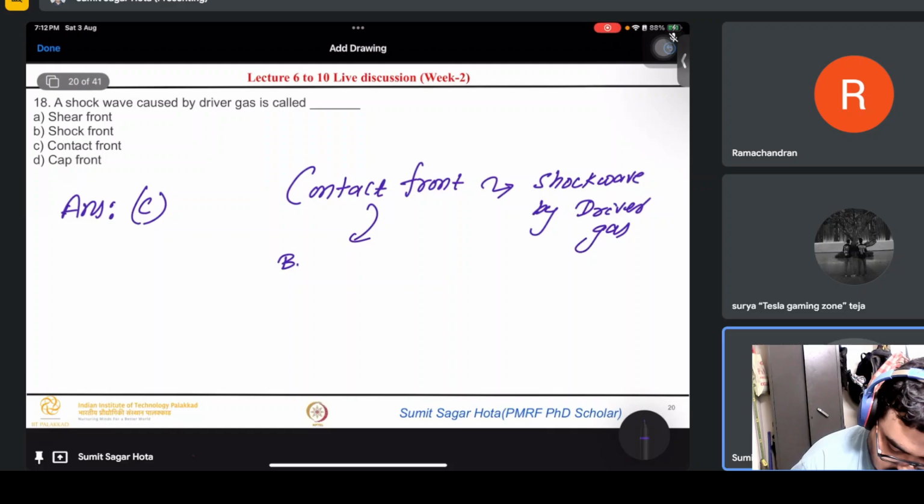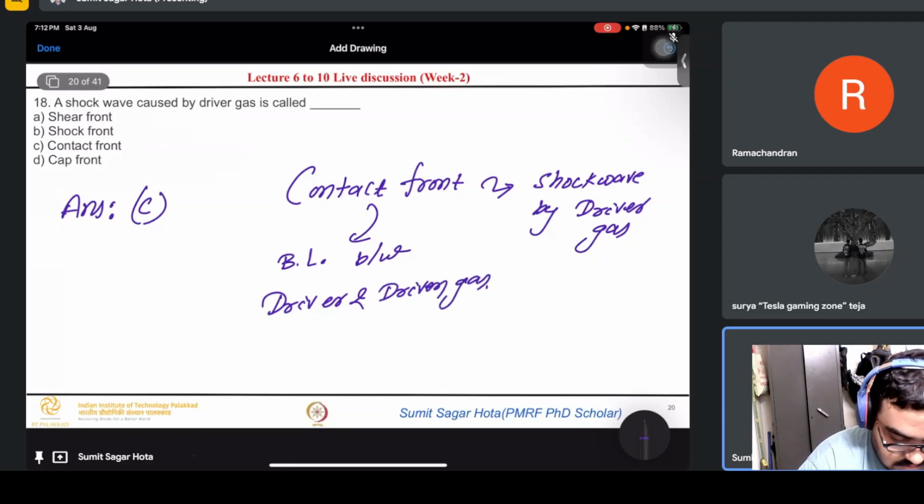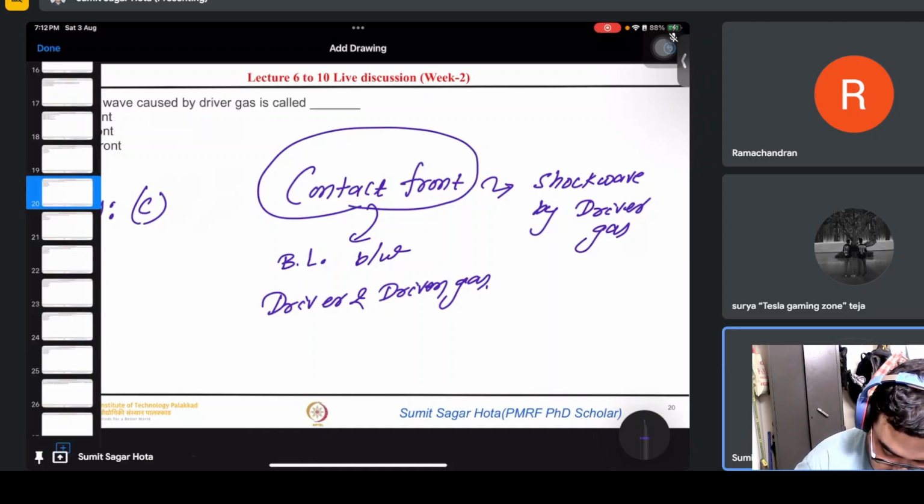This is also the boundary layer between driver and driven gas. Okay, so these are the contact front.